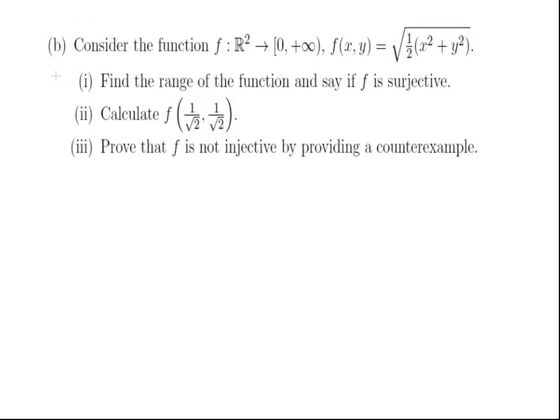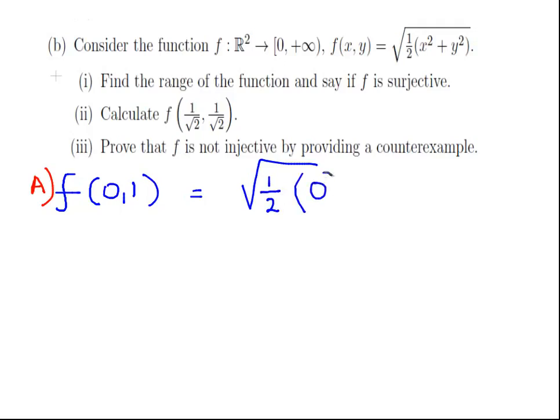A very simple example, let's call this example A: f of 0 and 1. That gives the square root of half of 0 squared plus 1 squared, the same thing again as in the last example.